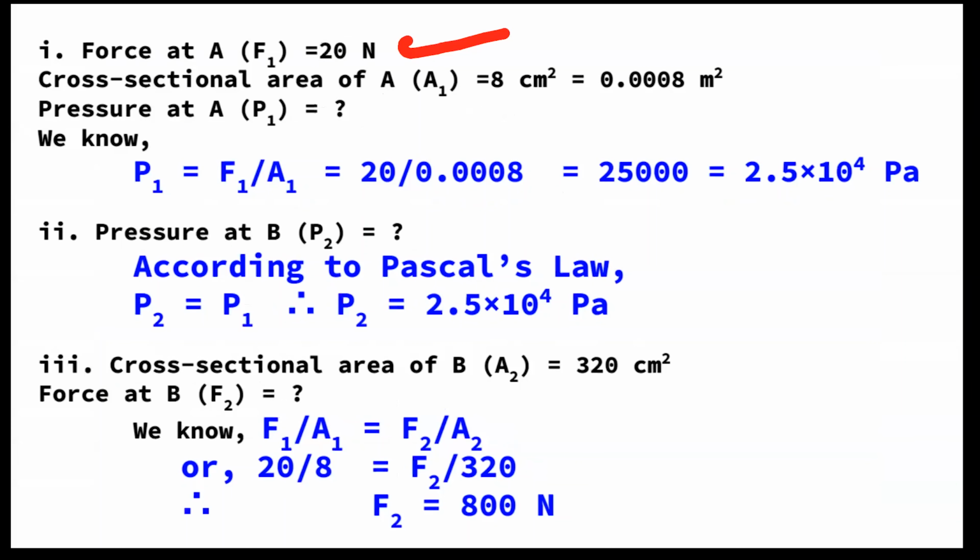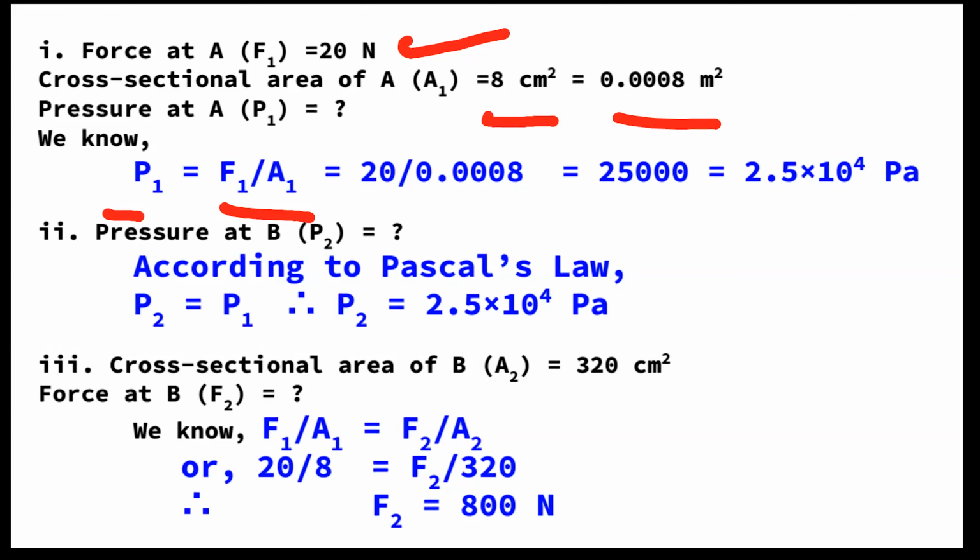I already told you when we were discussing question number 1 that if we are asked to find pressure and we are using the formula F upon A, then both quantities should be in the same system of units. In the diagram, the area is given as 8 cm square, which is a CGS unit, and the force is given in Newton, which is SI. So this must be converted into meter square.